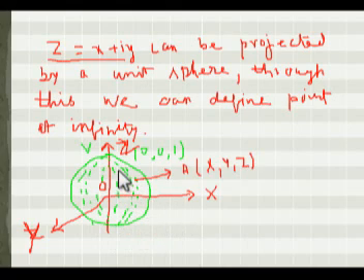If we wish to establish the point z, we draw a straight line from the point V through A, which touches the xy plane at the point A prime, and its coordinates will be x, y, 0.